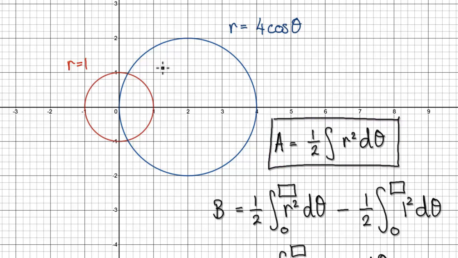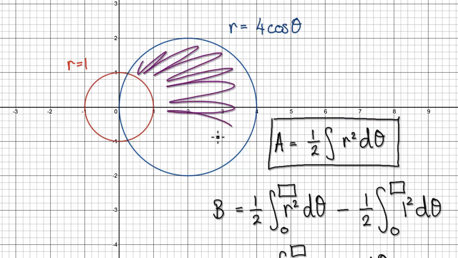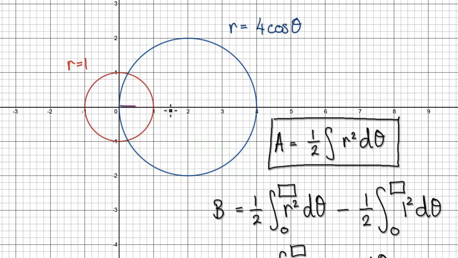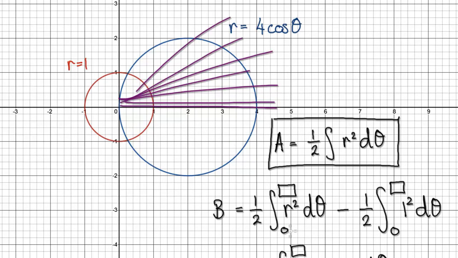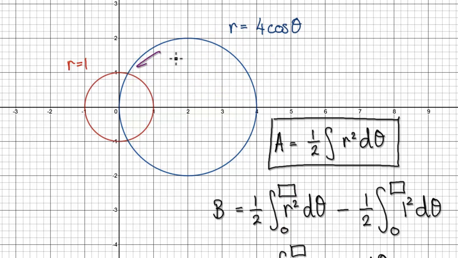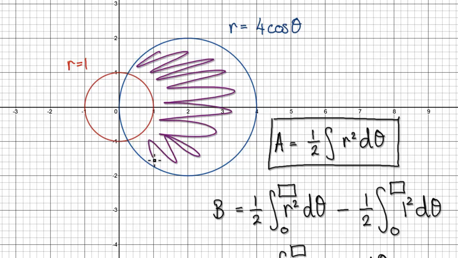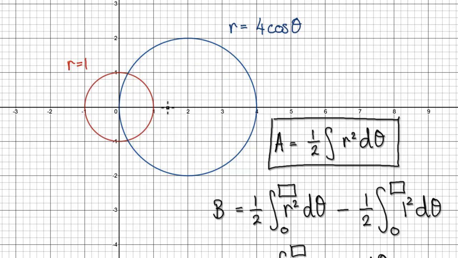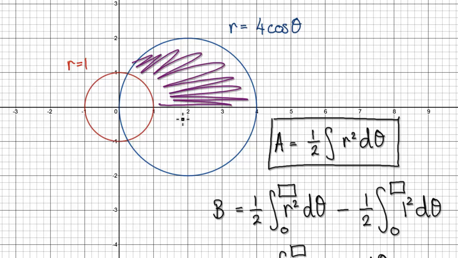So to work out this whole area here, rather than working out the whole area, let's just integrate it from 0 to the intersection of the two, which is what we're going to work out later. Let's just concentrate on working out this area here, and then right at the end we can times it by 2, so that will then give us the whole thing.